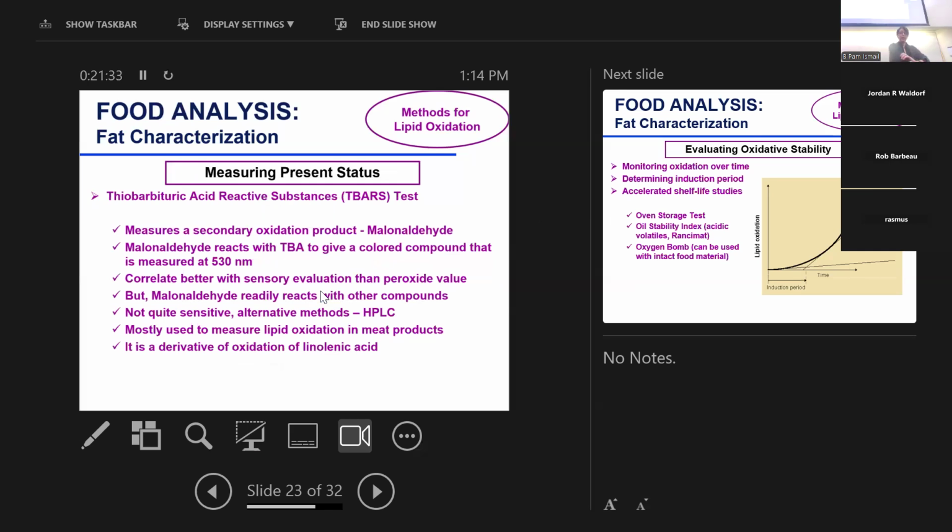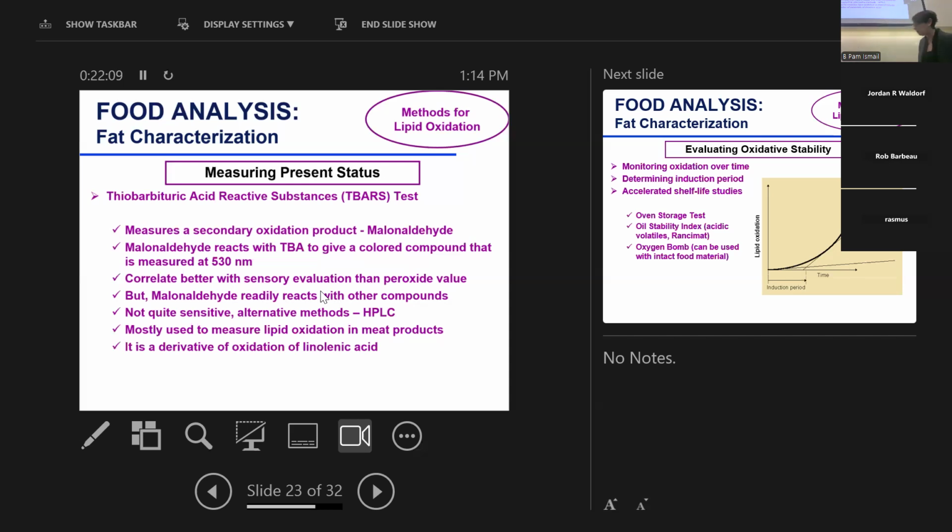Thiobarbituric acid reactive substances, or in a simple way of saying that test, is TBARS test. Thiobarbituric acid reactive substances, TBARS. This is a common test for measuring secondary metabolites of oxidation as well, especially malonaldehyde. Malonaldehyde is a product specific from linolenic acid.